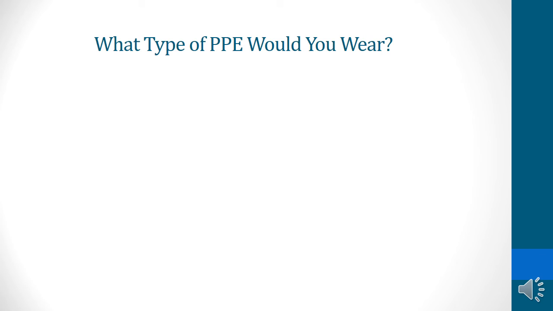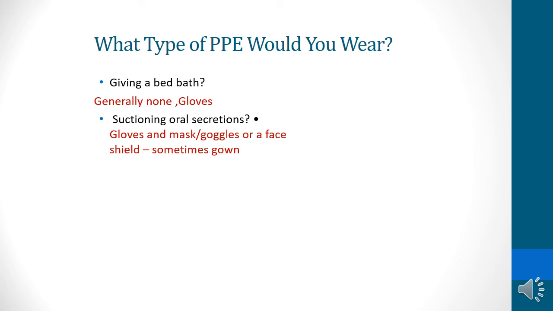What type of PPE would you wear in this situation? Giving a bed bath: I think nothing, or you can wear only gloves. Suctioning or secretions: we have to wear gloves, mask, goggles or face shield, sometimes a gown. Transporting the patient in a wheelchair: nothing required.